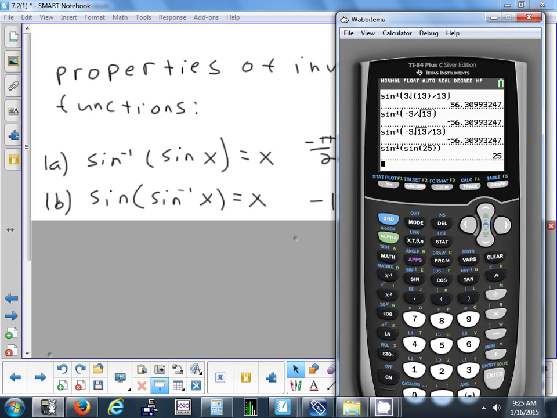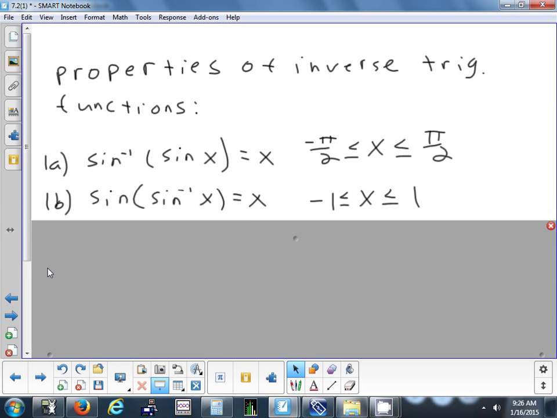Now try it with an angle that's not between negative 90 and 90. Try it with 130. Again, an angle you would never have in a right triangle, but you don't get back the same answer you started with. You get back a different answer. That's why this formula only works from negative 90 to 90.